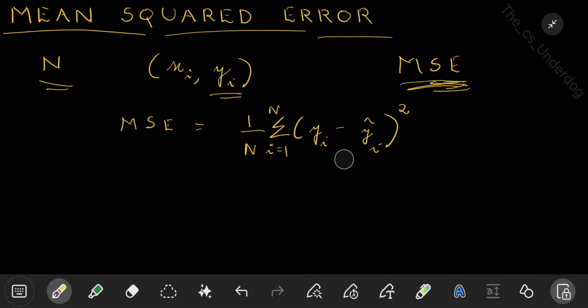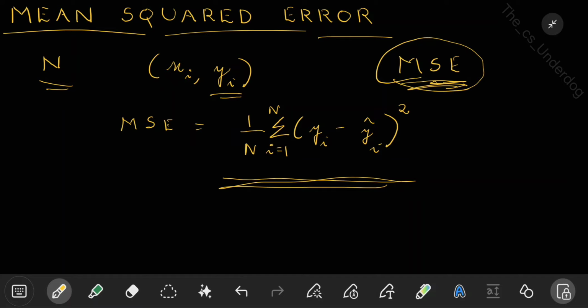This value is called mean squared error, MSE. So this is the error term. This is the squared error. When you squared the error and then took the mean, that gave you mean squared error. This is how you want to understand this particular loss function.